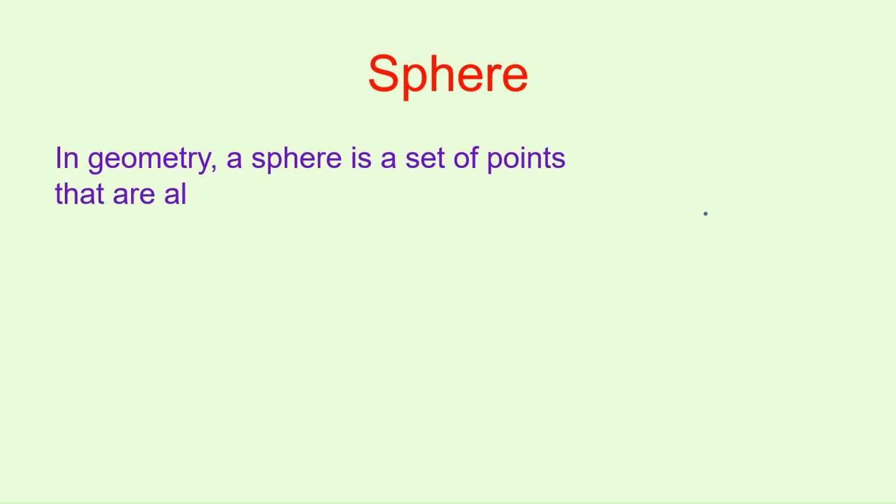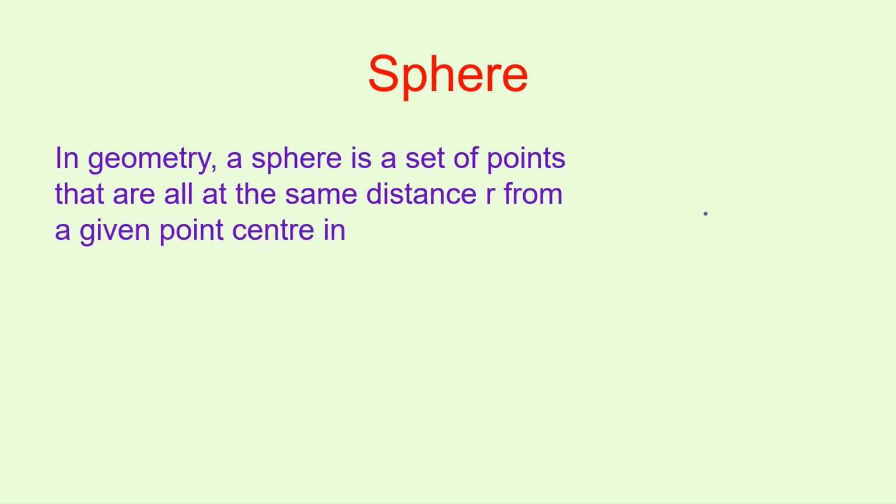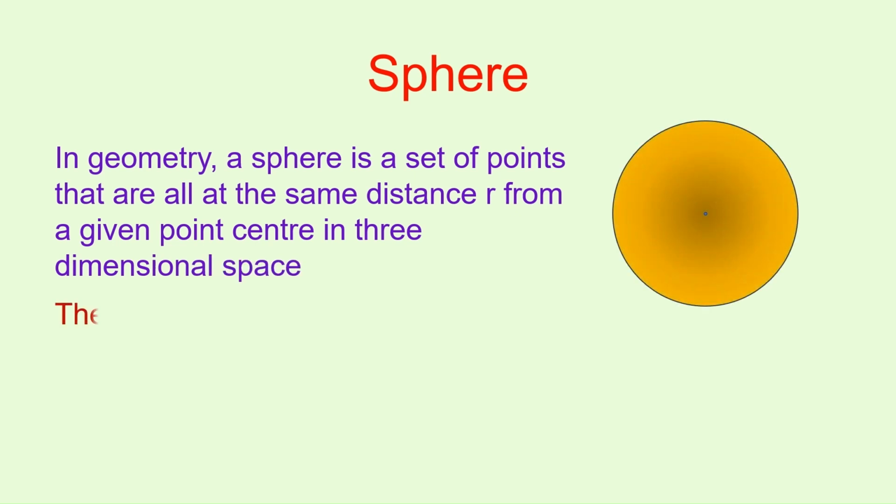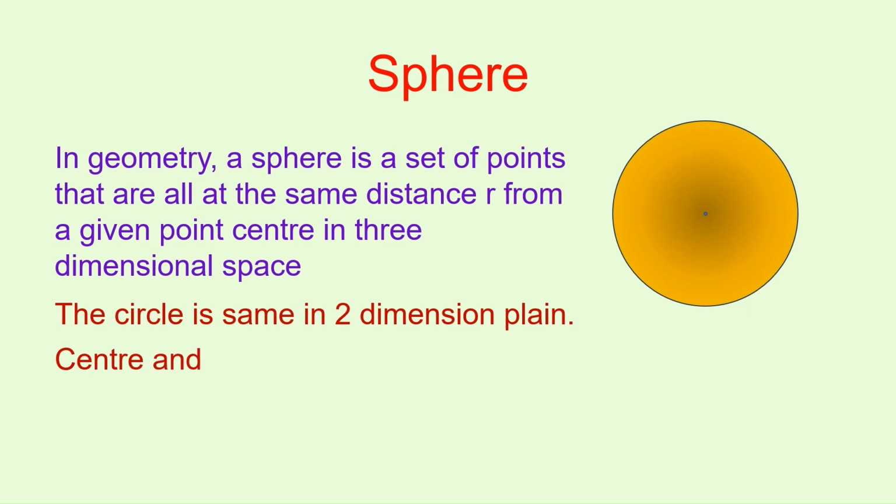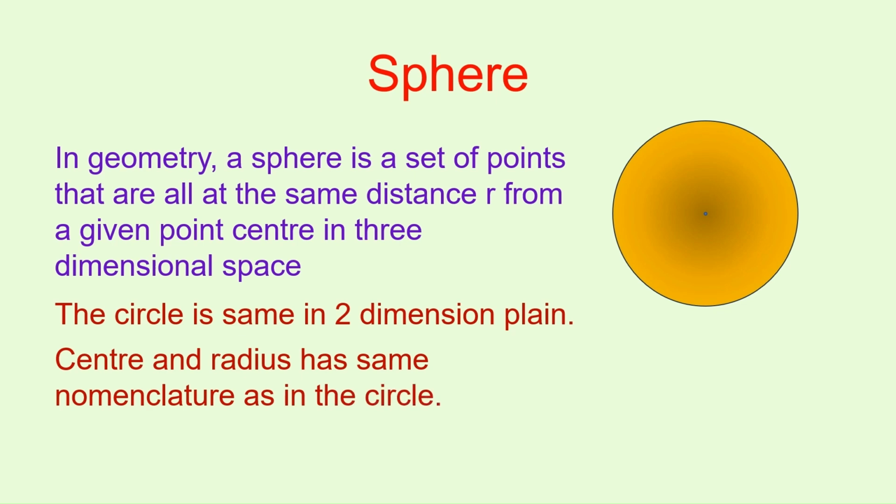The sphere. In geometry, a sphere is a set of points that are all at the same distance r from a given point, the center, in three-dimensional space. The circle is similar in a two-dimension plane; center and radius have the same nomenclature as in the circle.